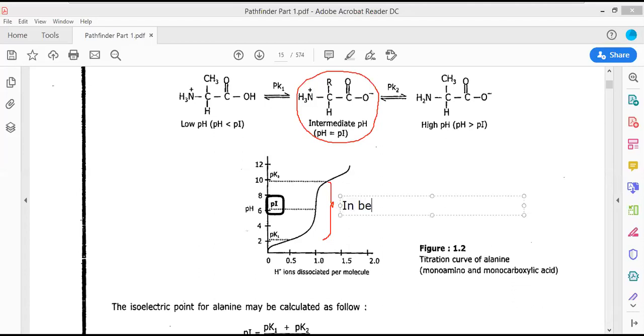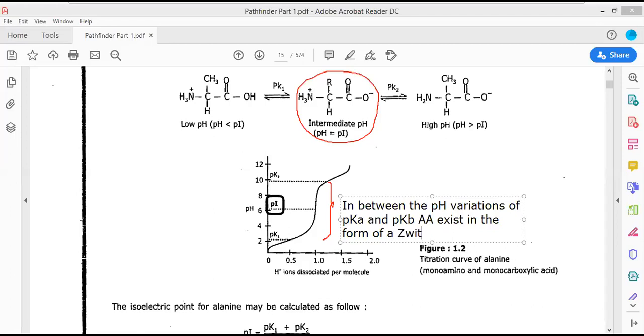In between the pH variations of pKa1 and pKa2, the amino acid exists in the form of a zwitterion, and this variation is referred to as the isoelectric range.